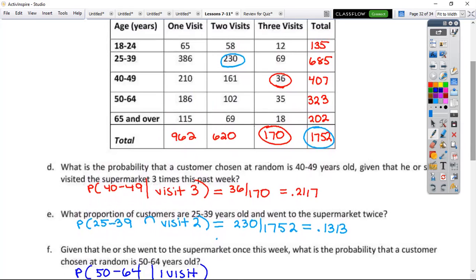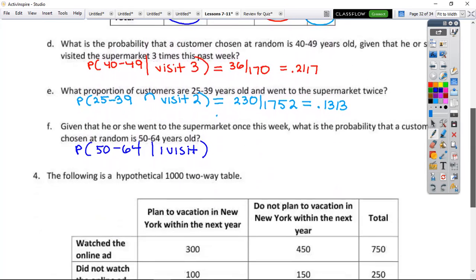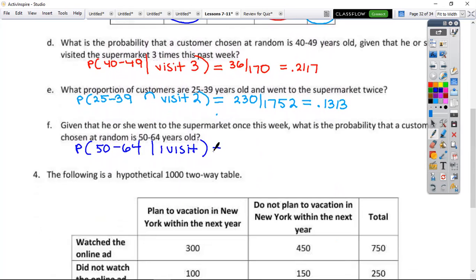So 1 visit, how many people? 962. And then I'm dividing, what did we have here? 50 to 64? What's that number? So 186 over 962. Decimal equivalent is like 0.19. Problems on any of those guys?